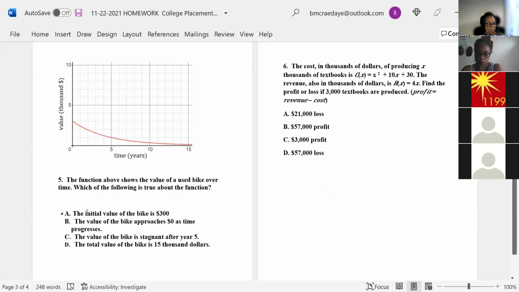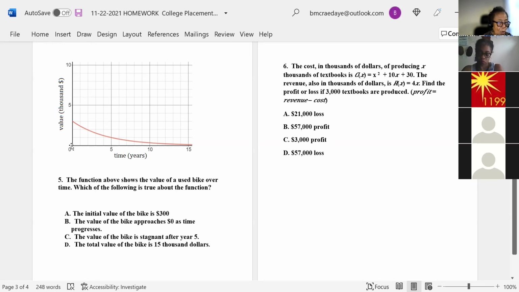A, the initial value of the bike is $300. B, the value of the bike approaches 0 as time progresses. C, the value of the bike is stagnant after year 5. And D, the total value of the bike is $15,000.